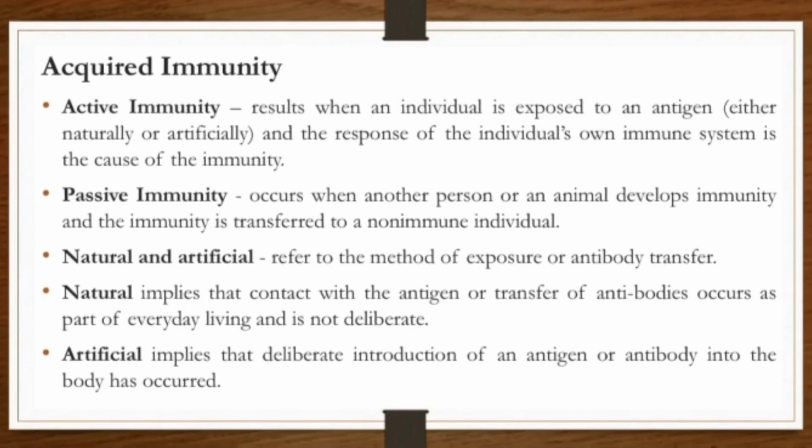Natural and artificial refer to the method of exposure or antibody transfer. Natural implies that contact with the antigen or transfer of antibodies occurs as part of everyday living and is not deliberate. Artificial implies that deliberate introduction of an antigen or antibody into the body has occurred.